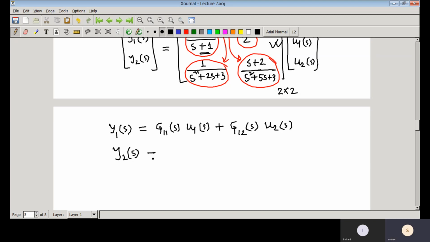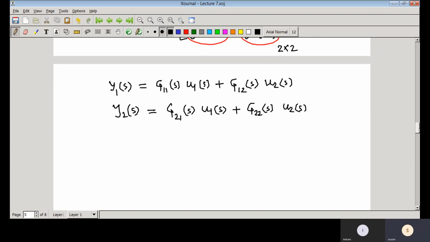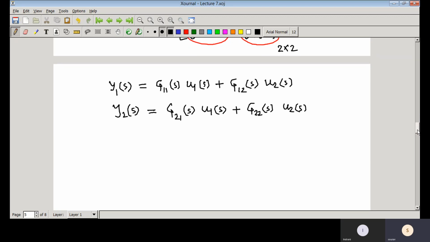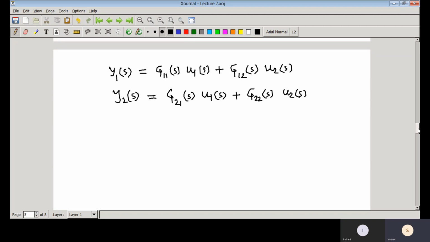And the second algebraic equation you will get, that is G21(s) U1(s) plus G22(s) into U2(s). So now if we represent these two equations in diagram form, later on you will see that this is called the block diagram. So what will you get?